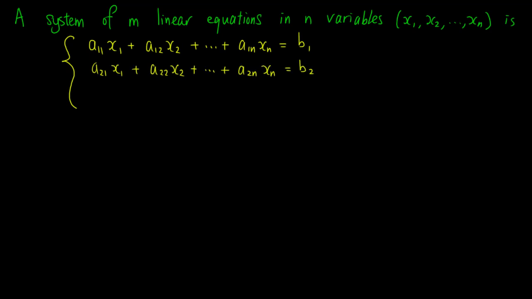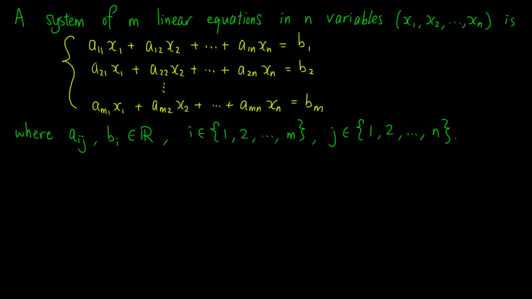The second equation is a21 times x1 plus a22 times x2 plus all the way to a2n times xn equals b2. This carries on until the mth equation, which is am1 times x1 plus am2 times x2 plus all the way to amn times xn equals bm, where the aij and bi's are real numbers, i ranges from 1 to m, and j ranges from 1 to n.